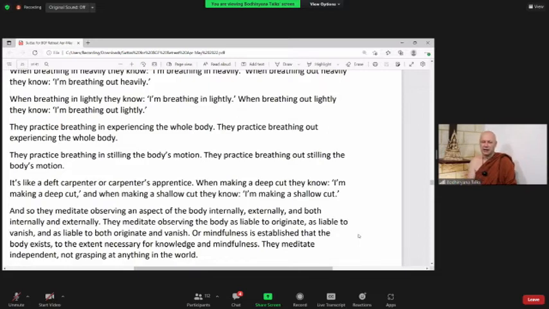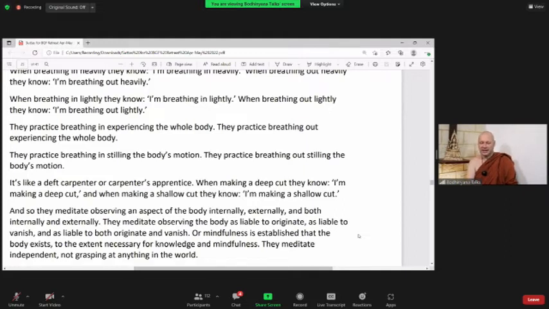Whereas the second part, to originate and vanish, is not as obvious. This only makes sense in the context of satipatthana being a path that goes all the way to the end of the path, all the way to becoming an arahant. But this is actually not so common in the suttas. It is not such a common part of the satipatthana practice.